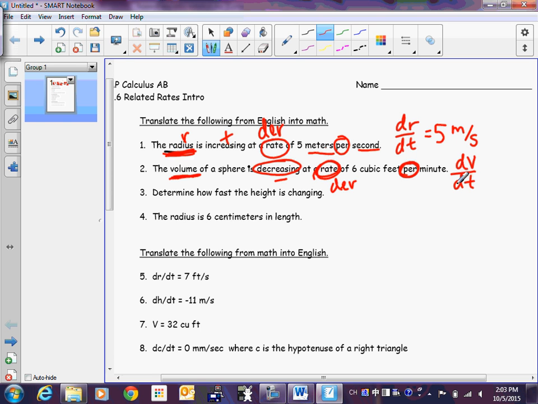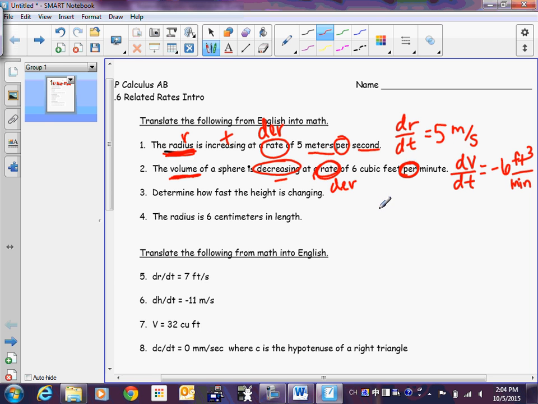So if you're wondering how do you know it's dt, well, because of the nature of the problems we're going to do, it's going to be with respect to time. And what should this equal if it's decreasing at a rate of 6 cubic feet per minute? Negative 6. And one thing I want to point your attention to as well is that, see how V is on the top part of the left and we have cubic feet? That's always going to happen. T, time. So your units should always match up with what you write.